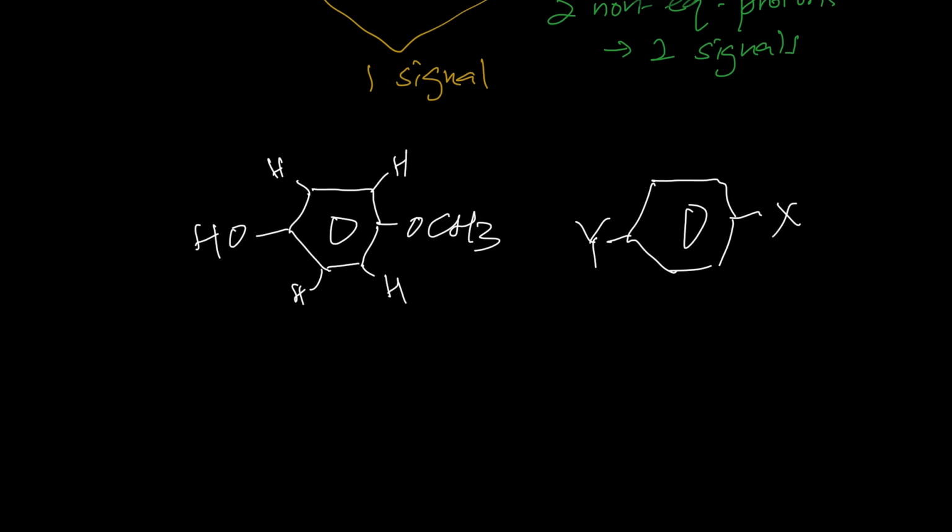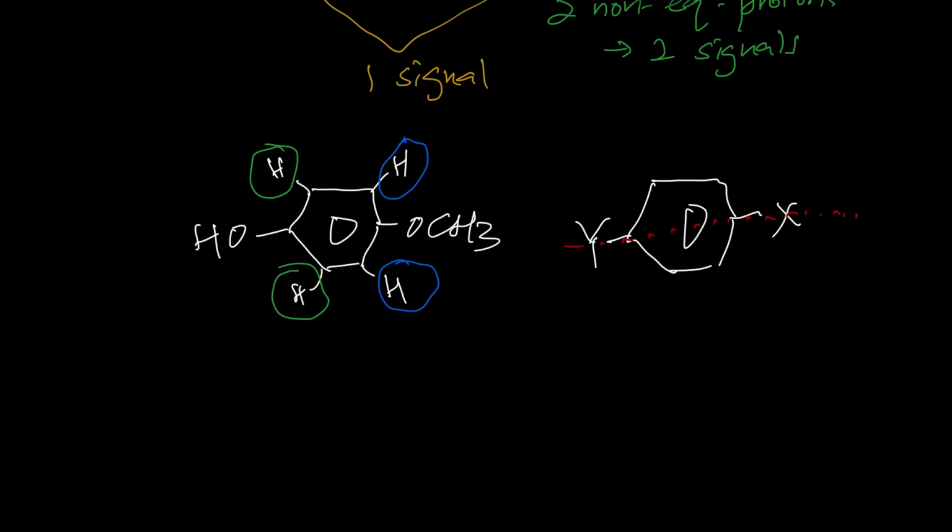Actually, if you look at this structure, there is a plane of symmetry across the ring. So this hydrogen and this hydrogen, they are equivalent. They give you one signal.